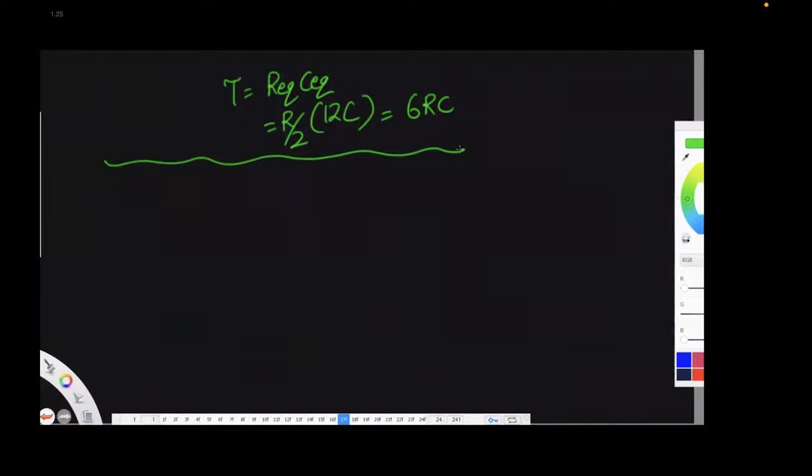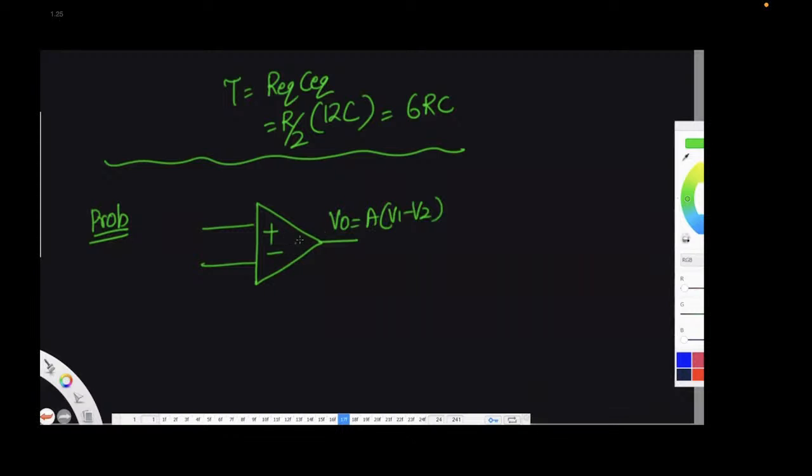Now, when can you apply virtual ground? Virtual ground is applied when the examiner says op amp is ideal. Right? So, do not apply virtual ground if there is no feedback. Suppose there is no feedback, you should not apply. Because V0 is A times of V1 minus V2.